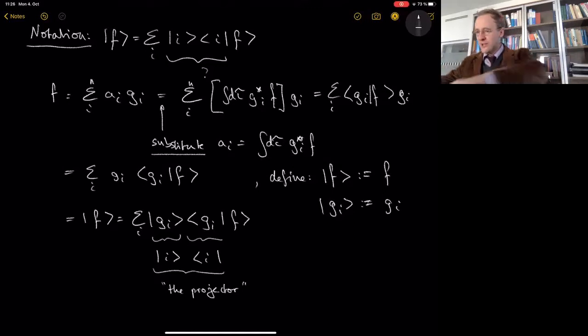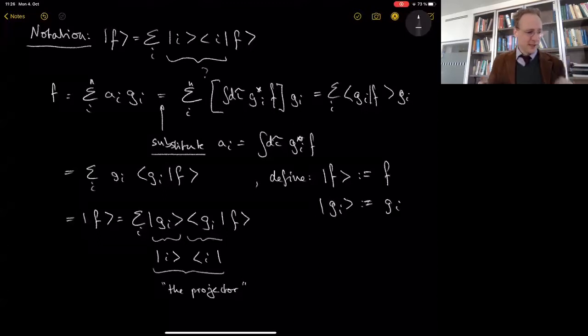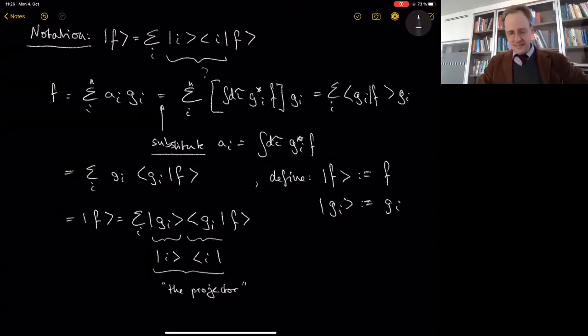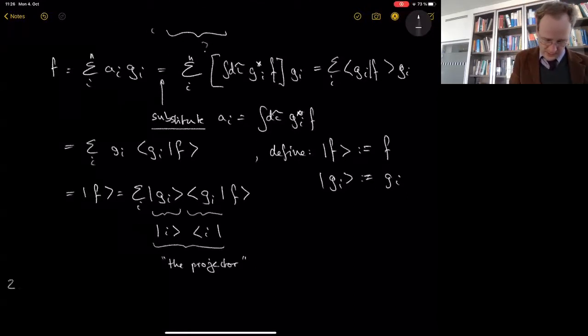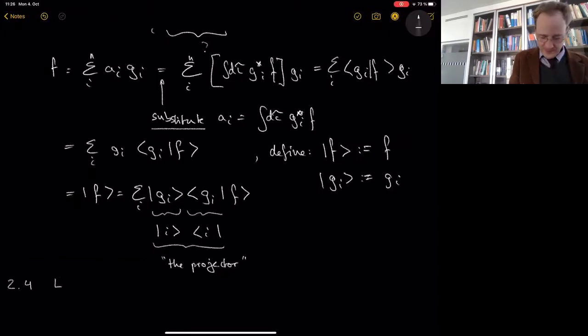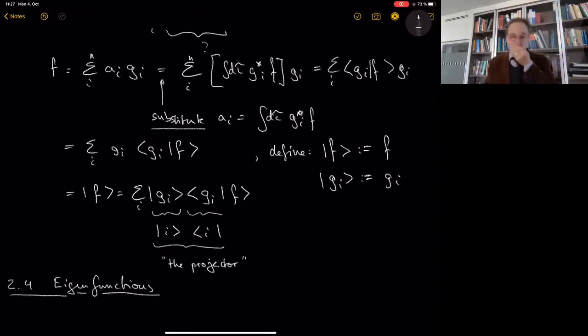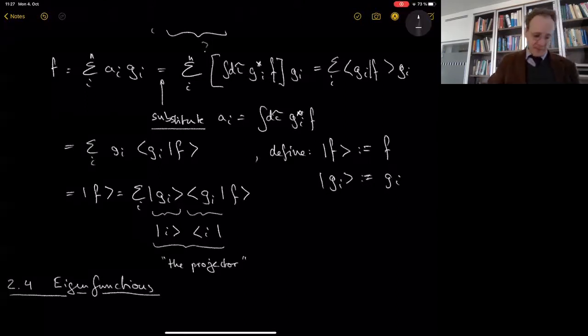So if there are no questions, we will now move to the next subsection, and that's going to be on eigenfunctions. Okay. So we are talking now on subsection 2.4, eigenfunctions. So this subsection revolves around theorem number 4.